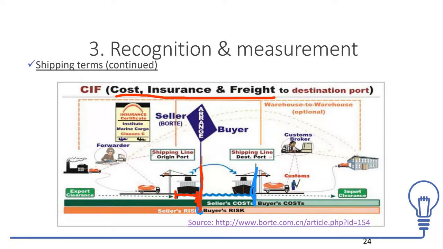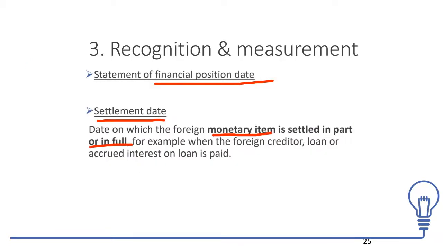And under CIF, the seller pays for transport, but their risks don't continue. Their risks stop as soon as the ship is loaded and sails away. For our understanding, it's basically a very similar time.